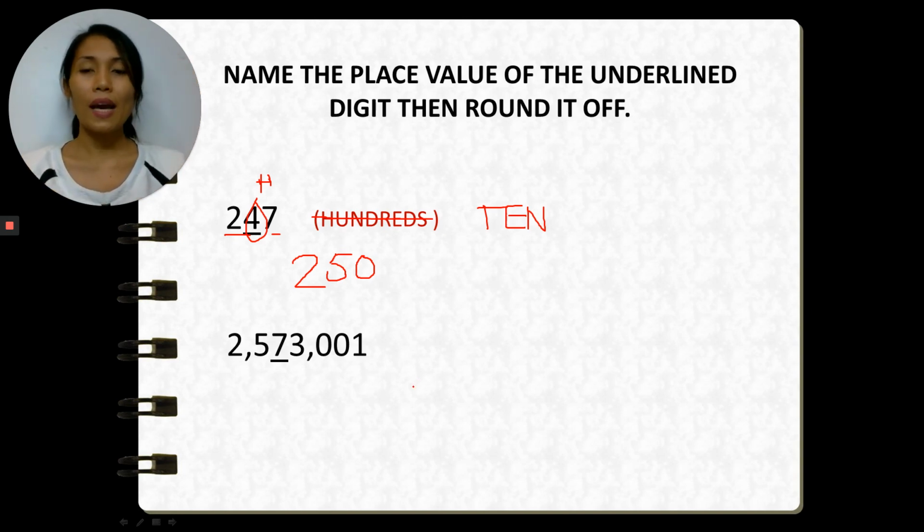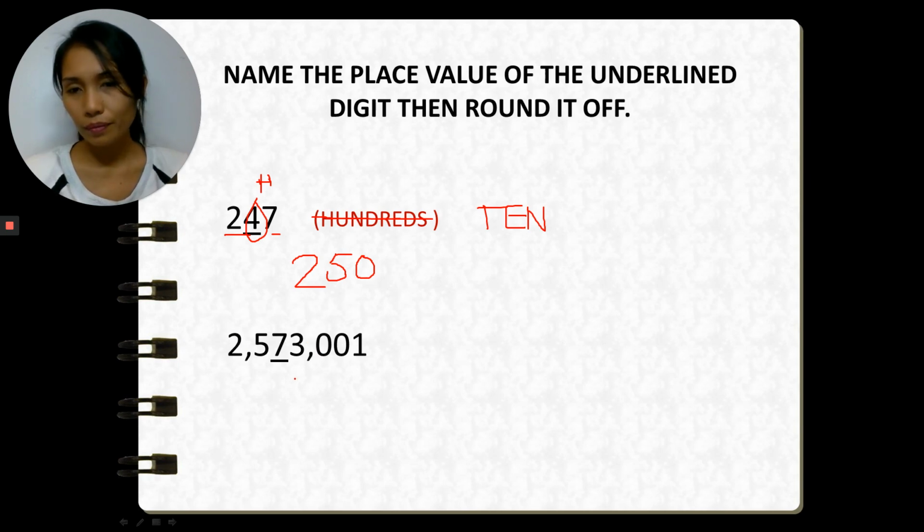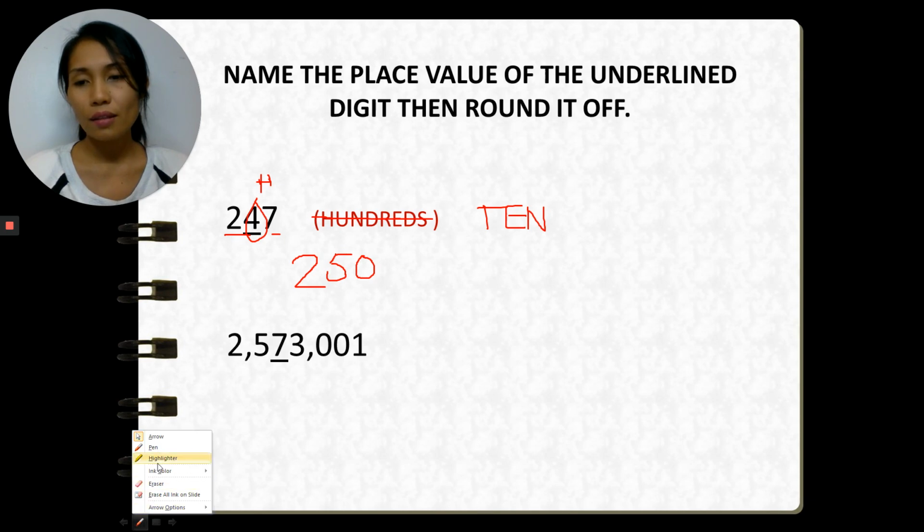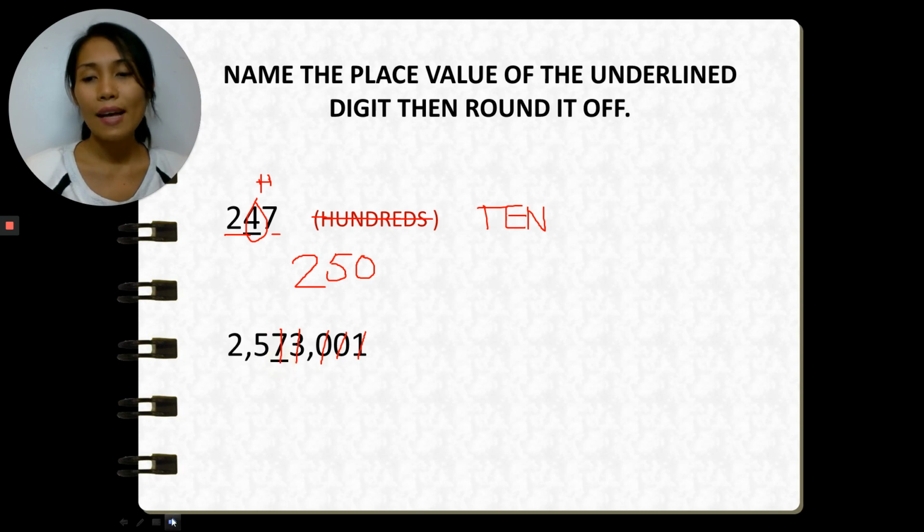Yeah? Okay. So here, let's try this million number over here. What is the place value of the underlined digit? The place value of the underlined digit is 1 is ones, 0 is tens, 0 is hundreds, 3 is thousands, 7 is 10,000s.